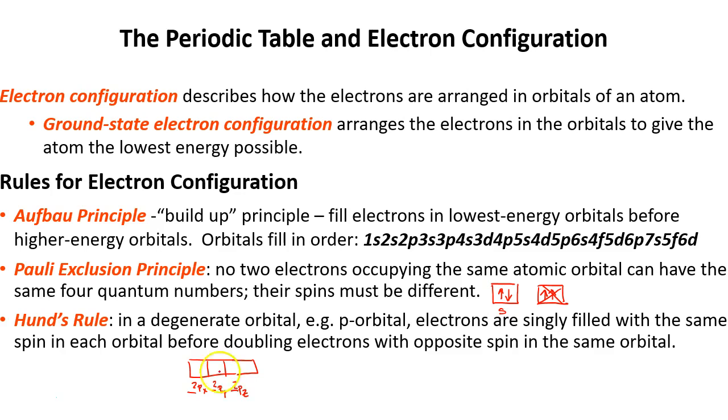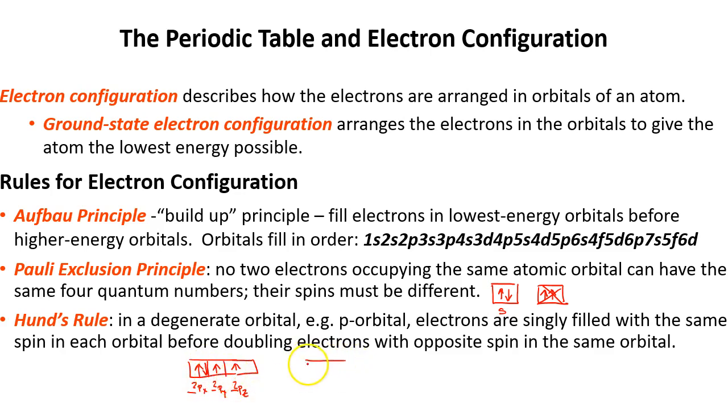So we first singly fill the electrons. So let's say if I had 4 electrons, I had to fill in the p atomic orbital. So the first 3 would occupy singly each p atomic orbital, and then I would go back and double fill with the opposite spin.